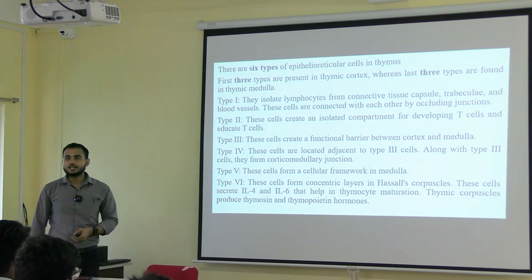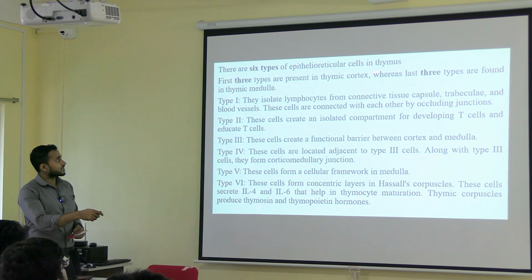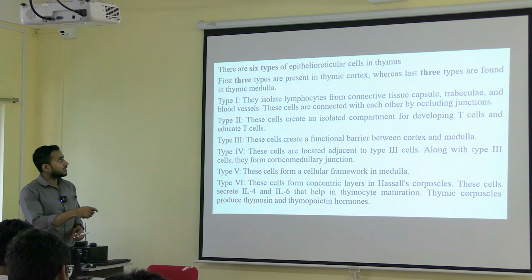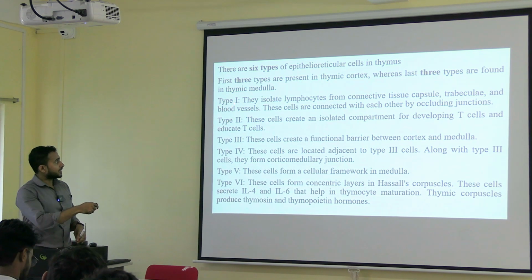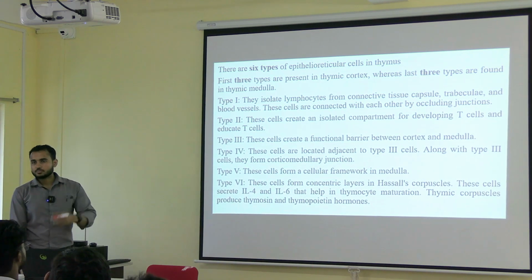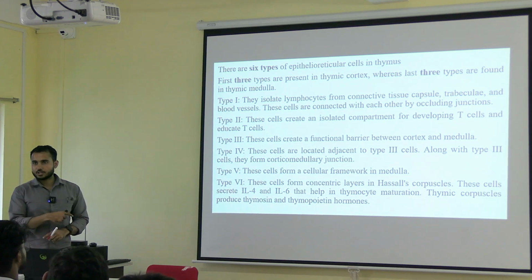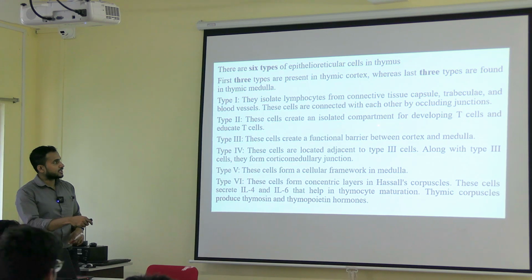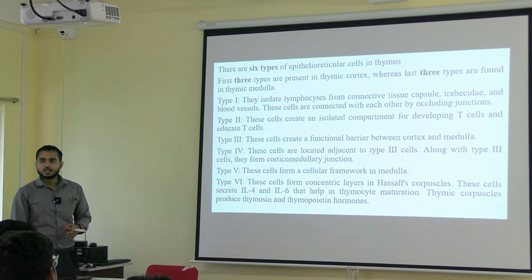Next, here you can see the list of the 6 types of epithelio-reticular cells. 3 are present in the cortex, 3 in the medulla. Type 1 mainly forms the blood thymic barrier. Type 2 isolates the compartment for development of T cells, that means it helps in the development of T lymphocytes.